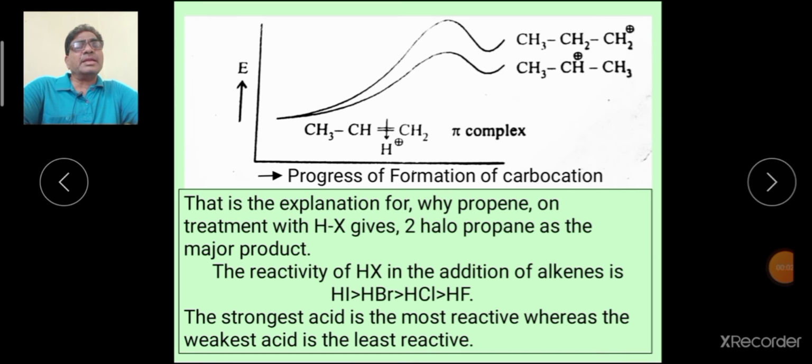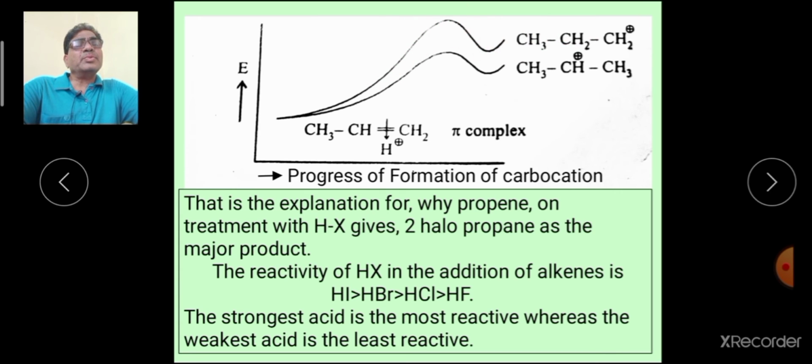In the diagram, when the pi complex breaks down, the secondary carbocation is achieved at lower energy, and therefore this secondary carbocation is more stable, while the primary carbocation is formed at higher energy.